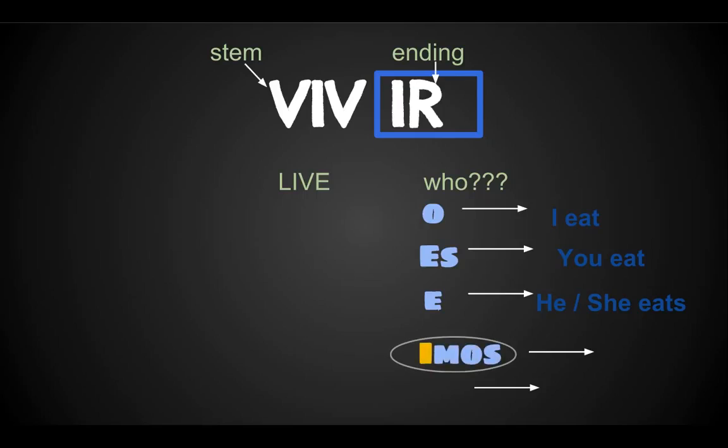Vivimos would be, and we have to be careful with this one because it is spelled with an I. The others are the same as ER verbs, but this one is special. It's going to be IMOS for we live, and viven for they live. So again, sorry about the typo here. It's supposed to say live.